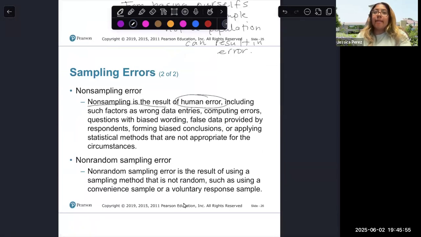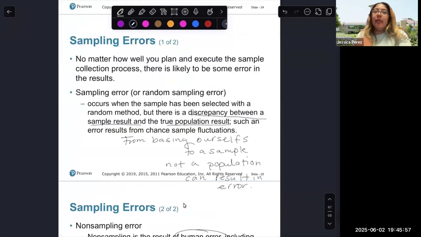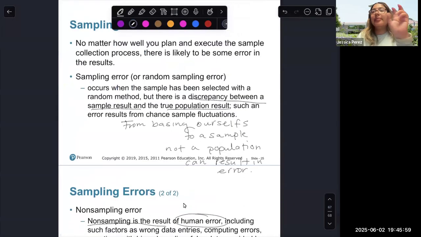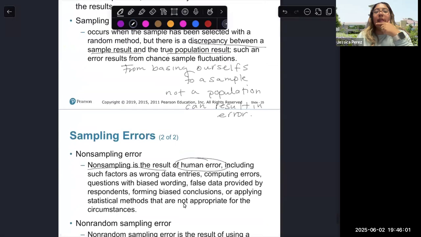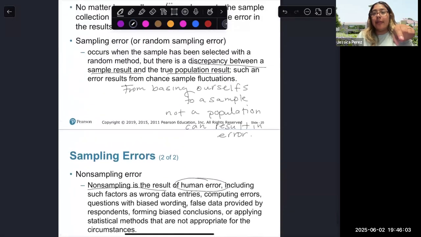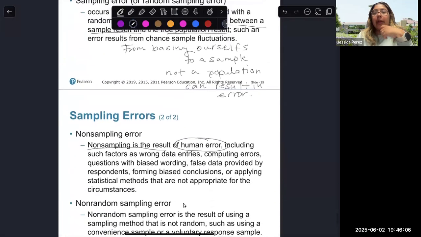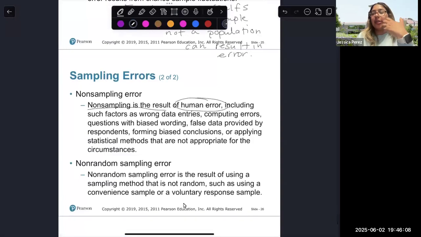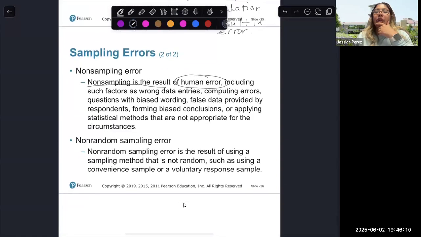So the first one would be a sampling error, or random sampling error, and the other one is a non-sampling error, where it's more of a purposely type of thing. It's a human error, something that you're actually inputting wrong, or you are biased and you're not using appropriate statistical methods.